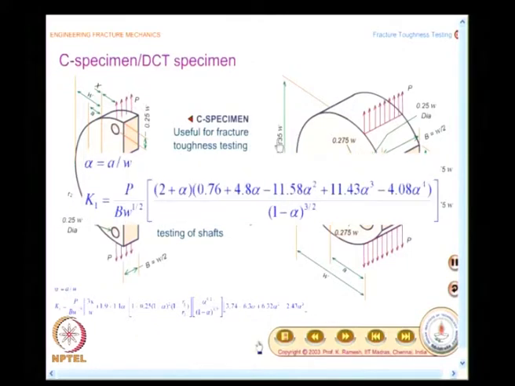and for the disc shaped specimen, K1 equal to P by B W power half multiplied by 2 plus alpha into 0.76 plus 4.8 alpha minus 11.58 alpha squared plus 11.43 alpha cube minus 4.08 alpha power 4 divided by 1 minus alpha whole power 3 by 2.